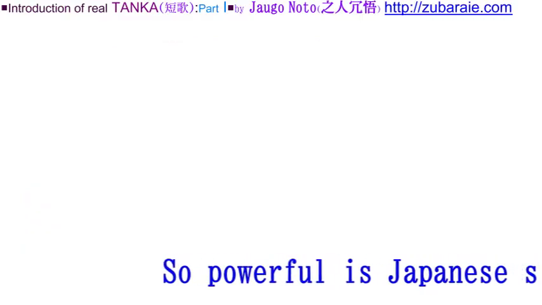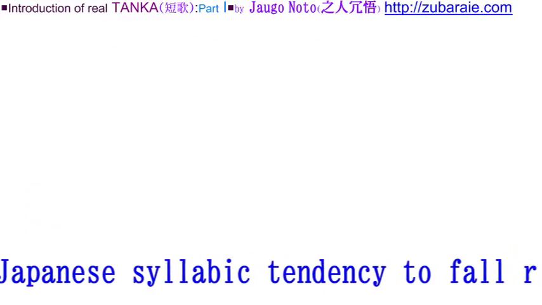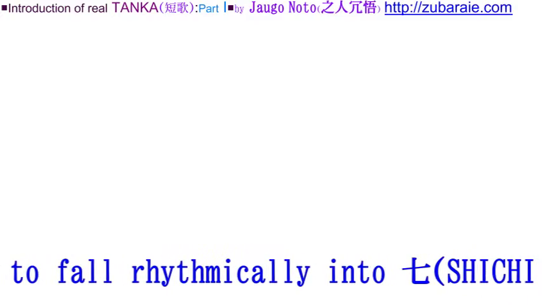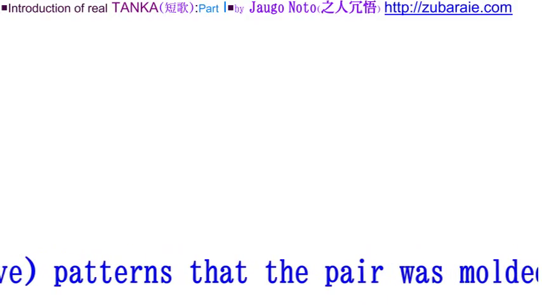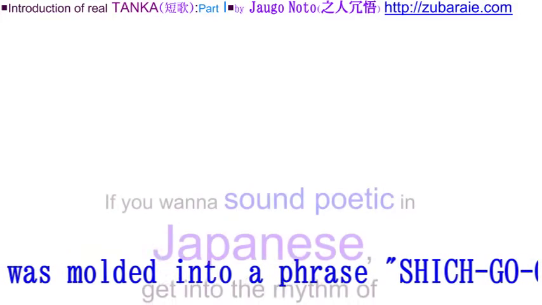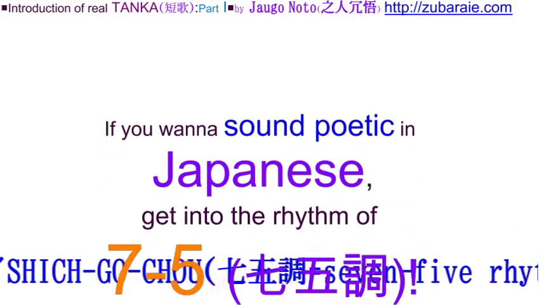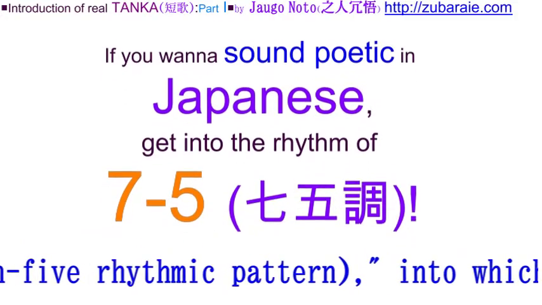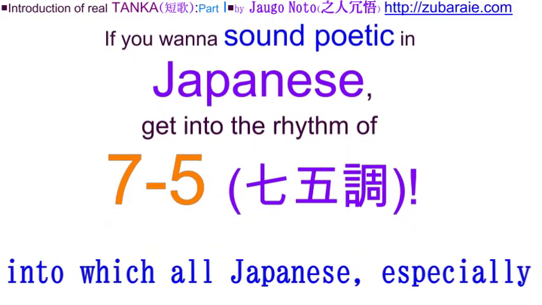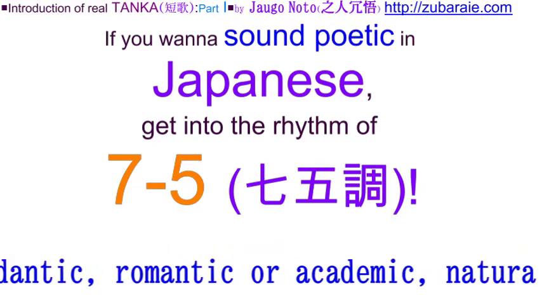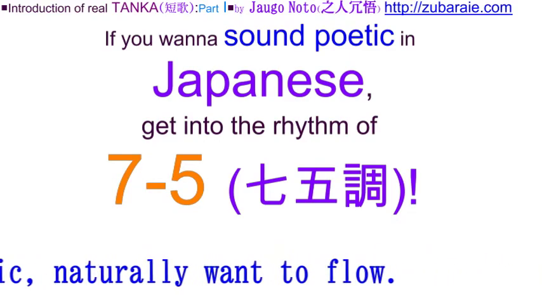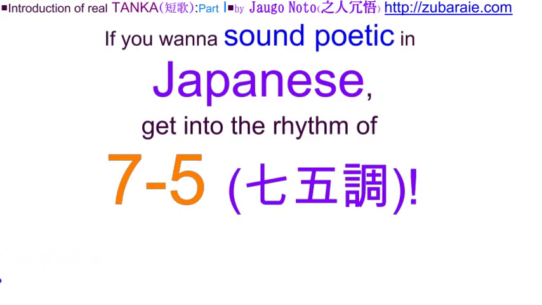So powerful is the Japanese syllabic tendency to fall rhythmically into shichi, 7, go, 5 patterns that the pair was molded into a phrase, shichi-go-cho, a 7-5 rhythmic pattern, into which all Japanese, especially when feeling pedantic, romantic, or academic, naturally want to flow.